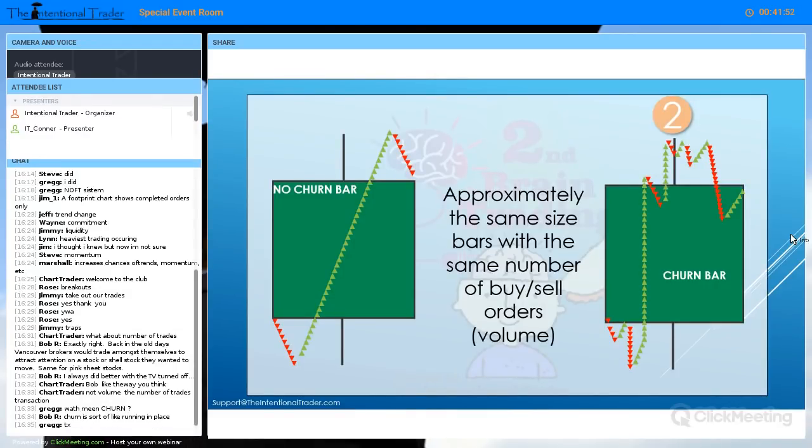So when I'm looking at volume, both of these bars have the exact same volume. Both of these bars are generally the exact same volume of buyers and sellers. So how good is the information of just counting buyers and sellers?